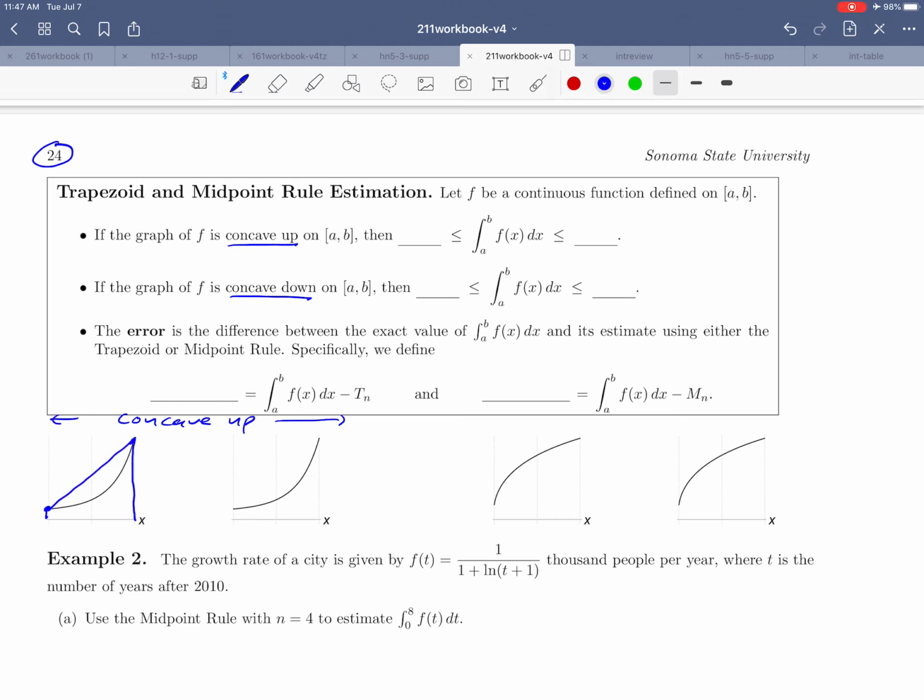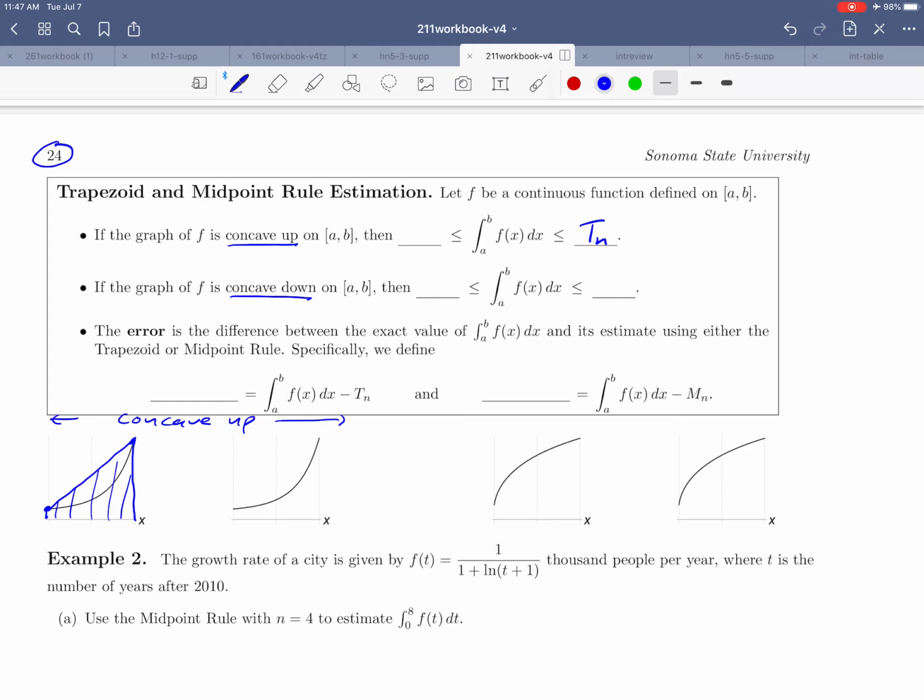Notice that we get a lot more area than we want. If we shaded in the area of that trapezoid, we would be adding a lot of extra area to that curve. So the trapezoid rule is too big, which means that Tn, the estimate using trapezoids, would be bigger than the integral in the case where our function is concave up.